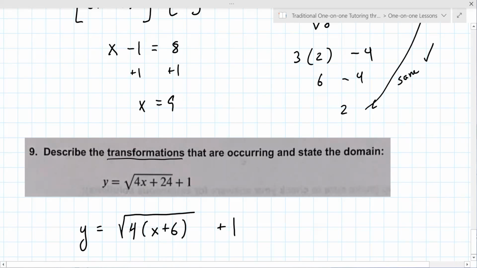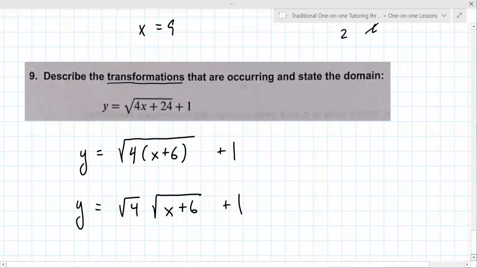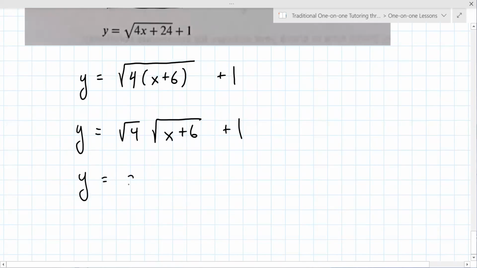You have to have it in this form, and then furthermore, you could, and this is where it's a little bit weird, you can actually take the square root of 4 and the square root of x plus 6 plus 1. And usually your instructors have you do this. So it's y equals 2 squared x plus 6 plus 1.